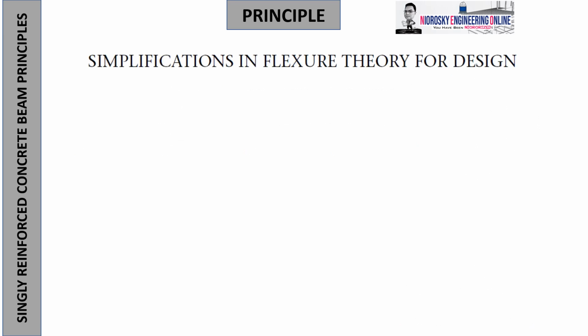Kaya nagkaroon po tayo ngayon ng tinatawag na simplifications of flexure theory for design. So the main issue is to simplify the most difficult part to conceptualize, which is how do we compute the compression block volume.